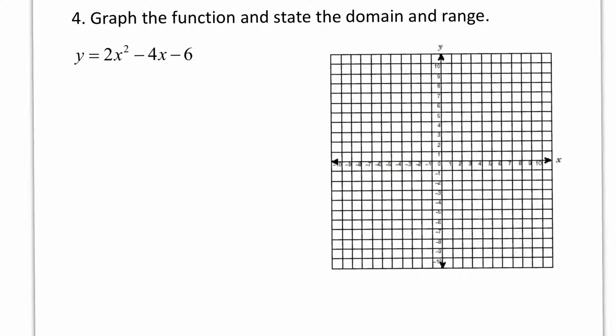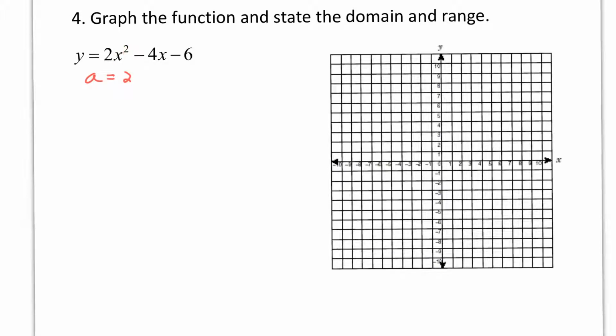Okay, let's do a little bit more examples here just to have more practice. I have the function y equals 2x squared minus 4x minus 6. Notice they're not using f of x at the beginning of the function. They do have a y, so that's the same thing, but I'm going to follow the same steps. My a value will be 2, the one in front of the x squared.